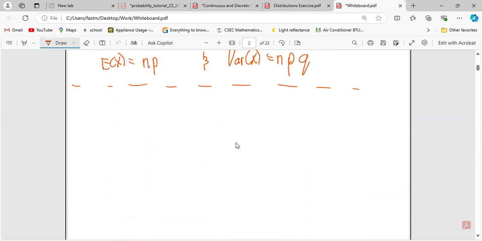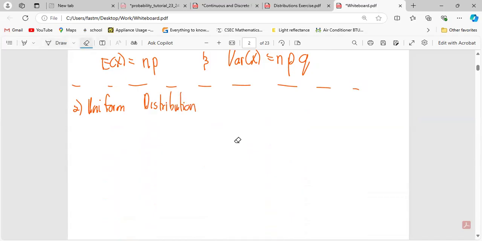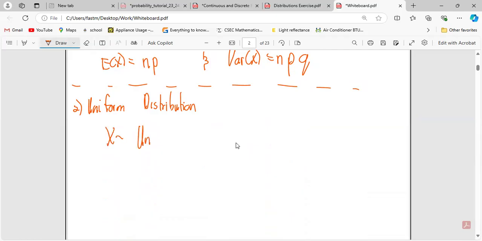Right? So the other one is something called the uniform distribution. The random variable x follows a uniform distribution. The thing about the uniform, or rectangular, distribution is that the probability of every single outcome is the same. It's literally rectangular.